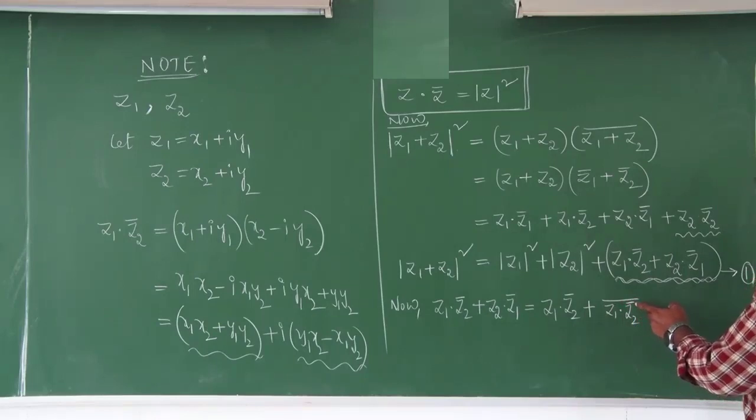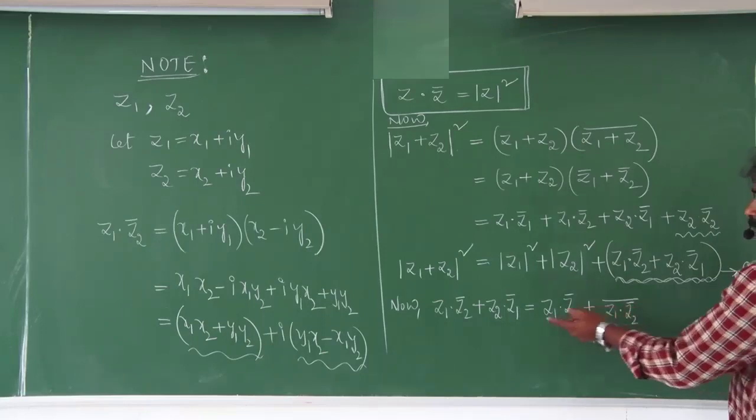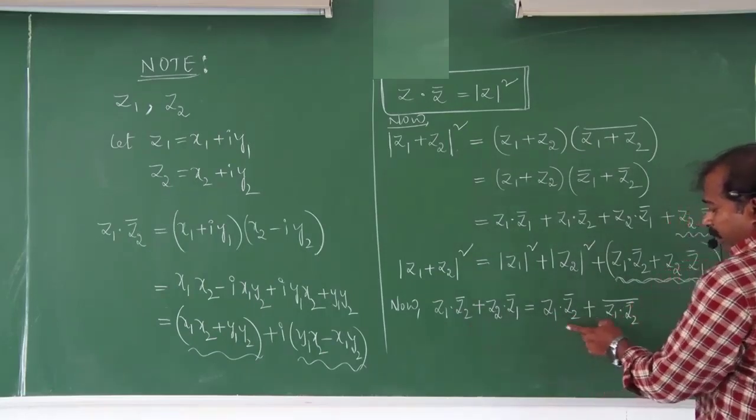If you take the conjugate of a complex number twice, you get the same value again. So I can write this value like this.